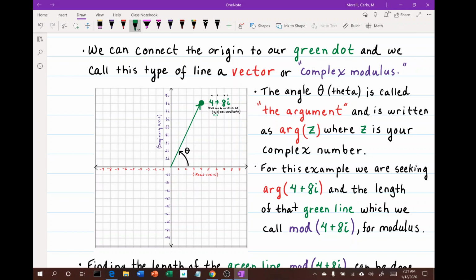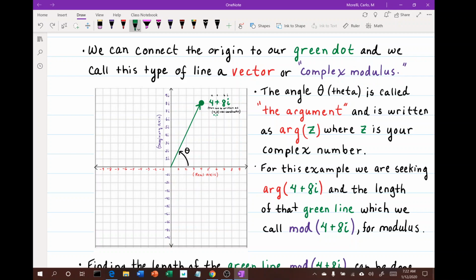Now, when we're talking about complex mathematics, we call the hypotenuse of this triangle, remember, we're going to end up with a triangle, it has a special name, and it's called the modulus. The complex modulus.